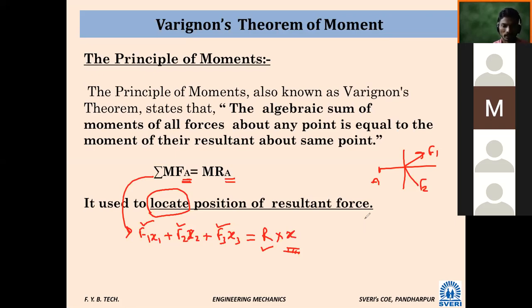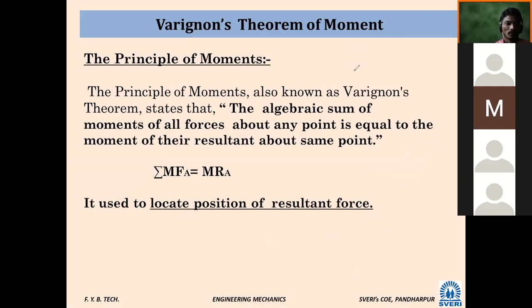Finally, by calculating x, whatever our resultant comes out to be, something like this or maybe like this, we can draw a parallel line at distance x, depending upon the quadrant, and locate the position of the resultant. This theorem tells us that the algebraic sum of moments of all the forces about any point is equal to the moment of their resultant about the same point.